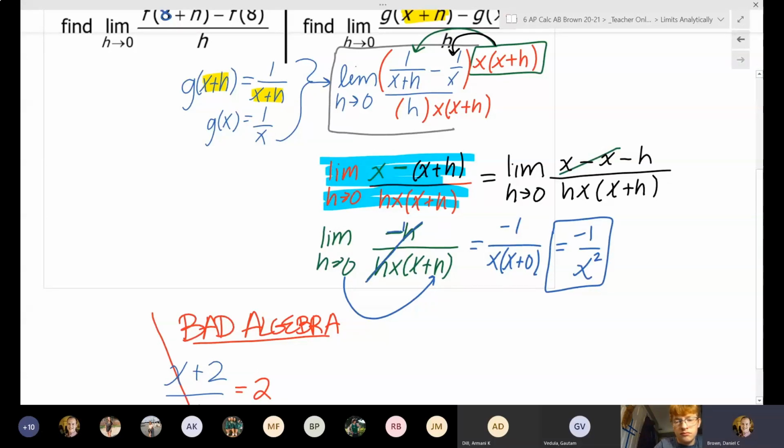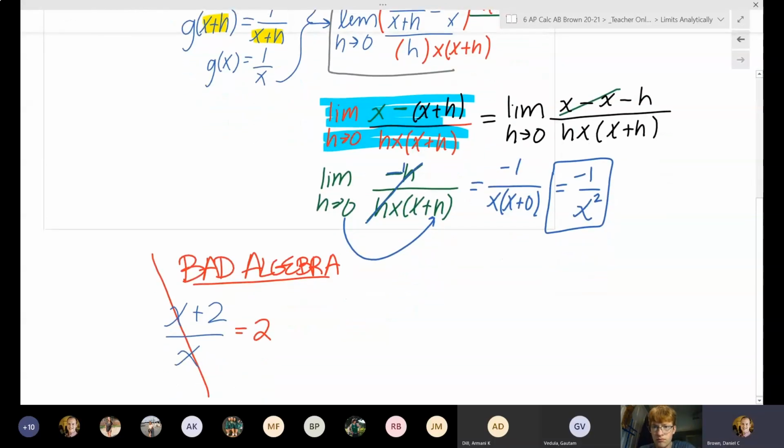But yeah, I'm glad you brought that up so I can emphasize that. Never, ever, ever cancel across plus or minus signs. So you can cancel across multiplication, right? Yeah, so if you have x times x plus 2 over x, that is allowed. But canceling the x's in x plus 2 over x is not allowed.